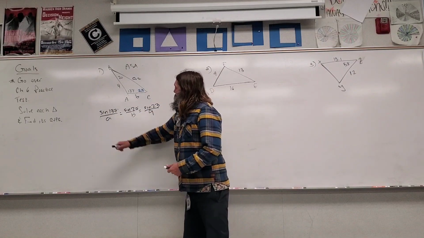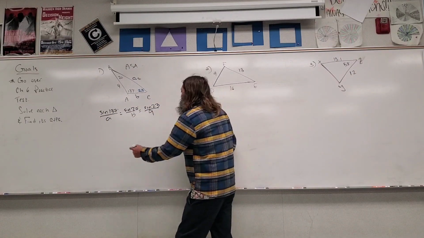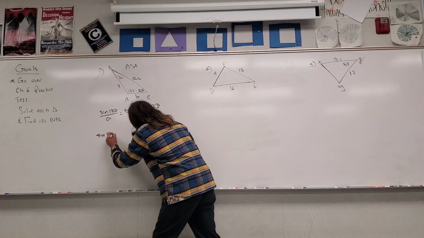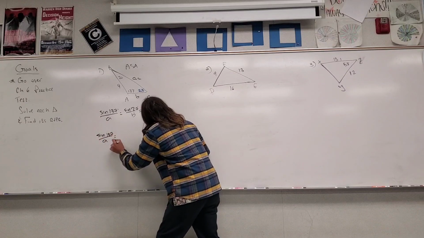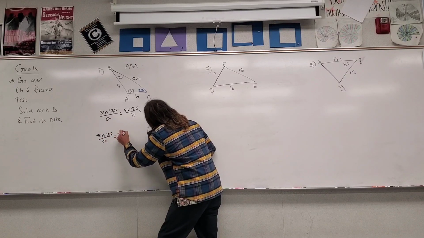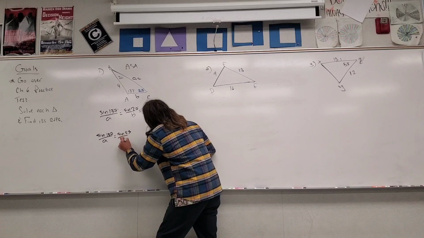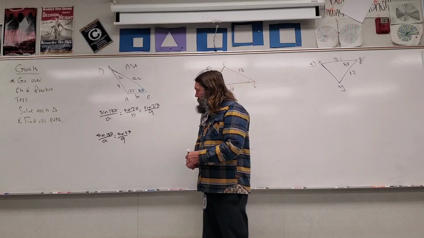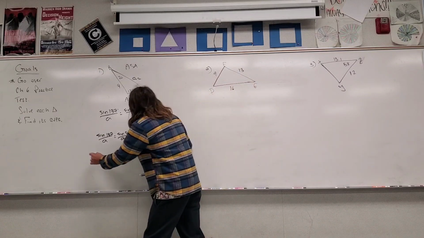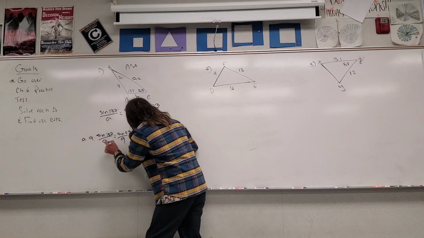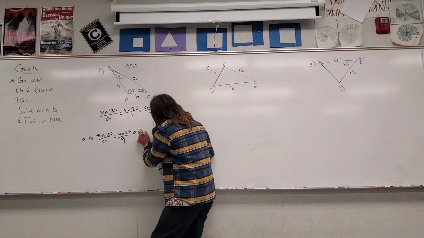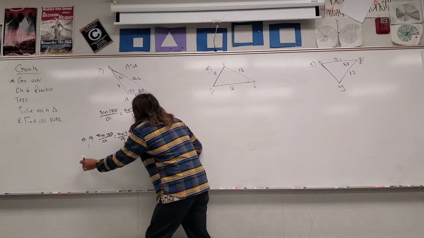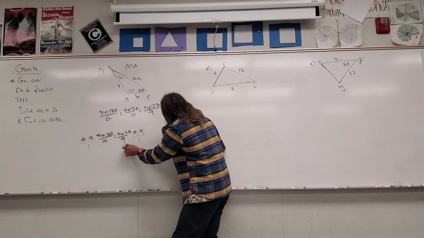Let's find the length of A. So I have sine of 137 divided by A equals the sine of 23 divided by 9. Let's go ahead and eliminate the denominators by multiplying everybody by the denominators, so A times 9 on both sides. Let's cancel what we can. On the left side, the A's cancel, and on the right side, the 9's cancel.